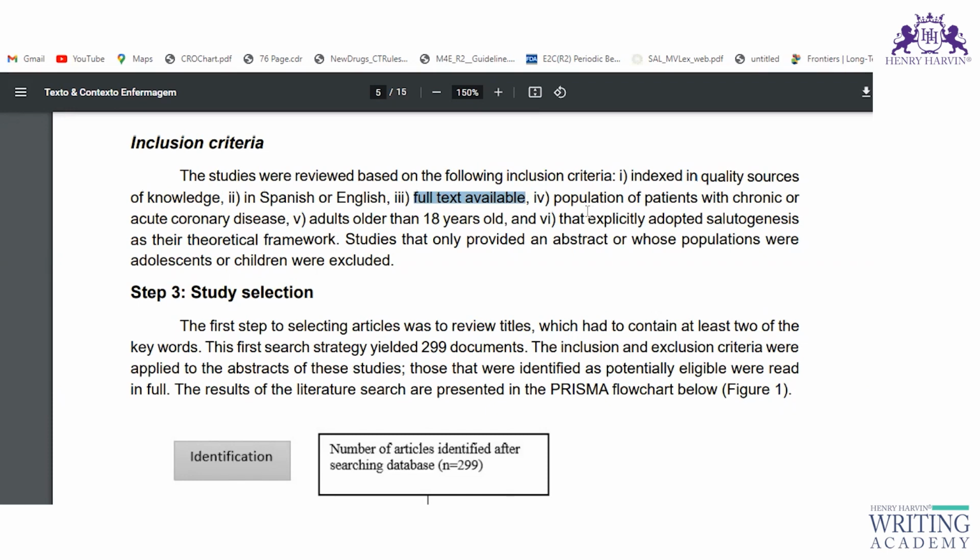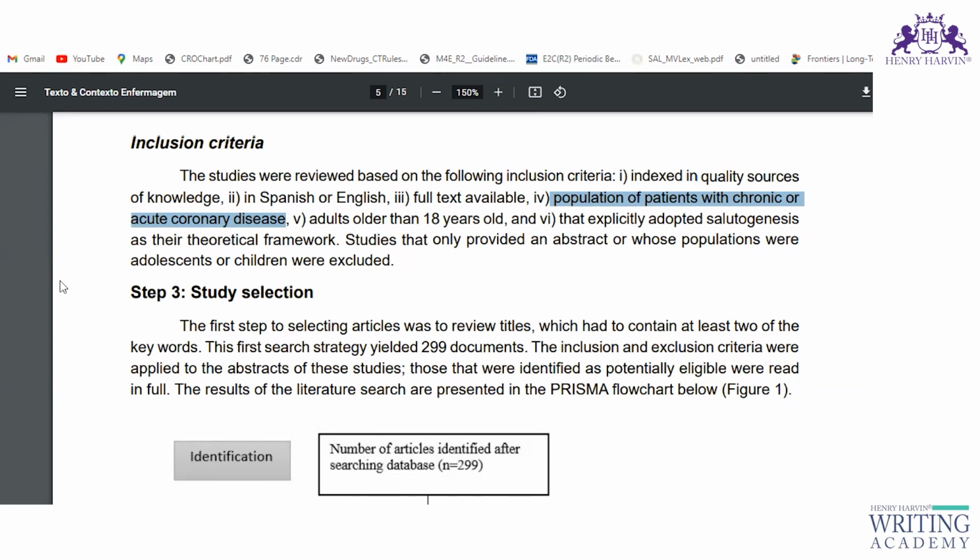Now here, the population: the study is done on an adult population suffering from any cardiovascular disease. So the population of patients with chronic or acute coronary disease means the author is considering only the studies or literature where the study is done on patients suffering from chronic or acute coronary disease.